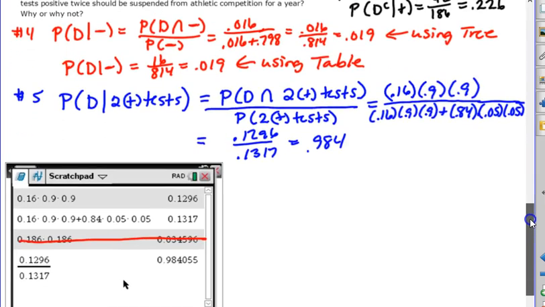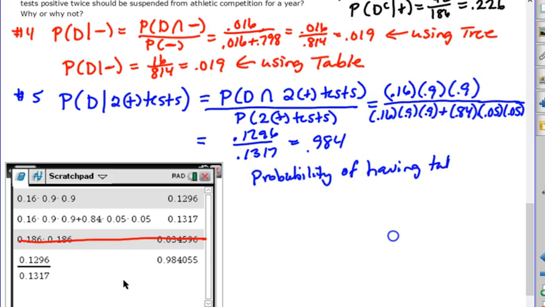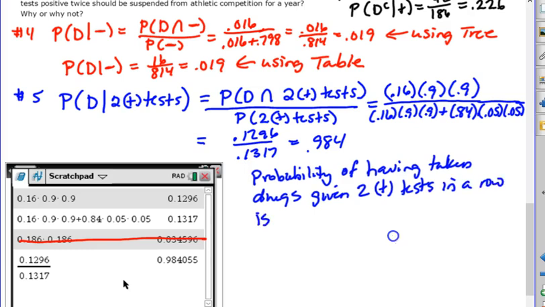There's a 98.4% chance that given 2 positive tests, they did actually take drugs. So the probability of having taken drugs given 2 positive tests in a row is about 98.4%.